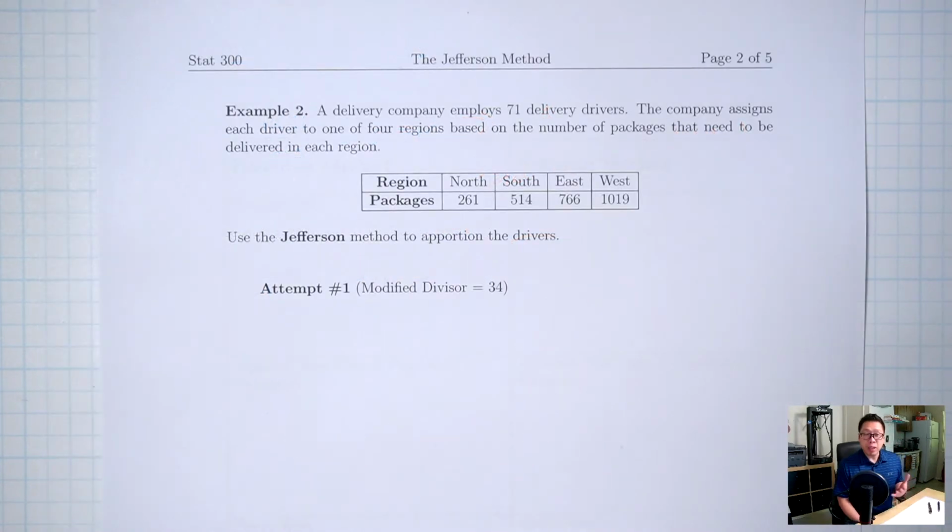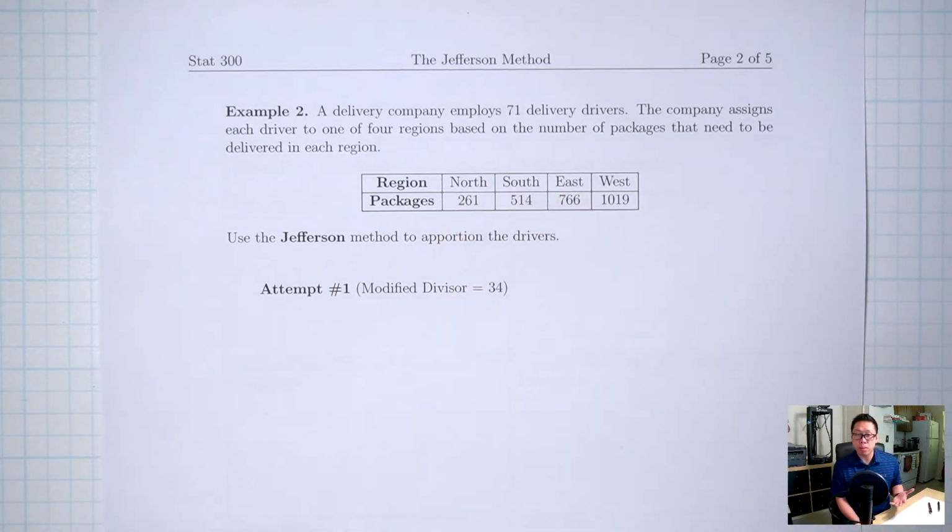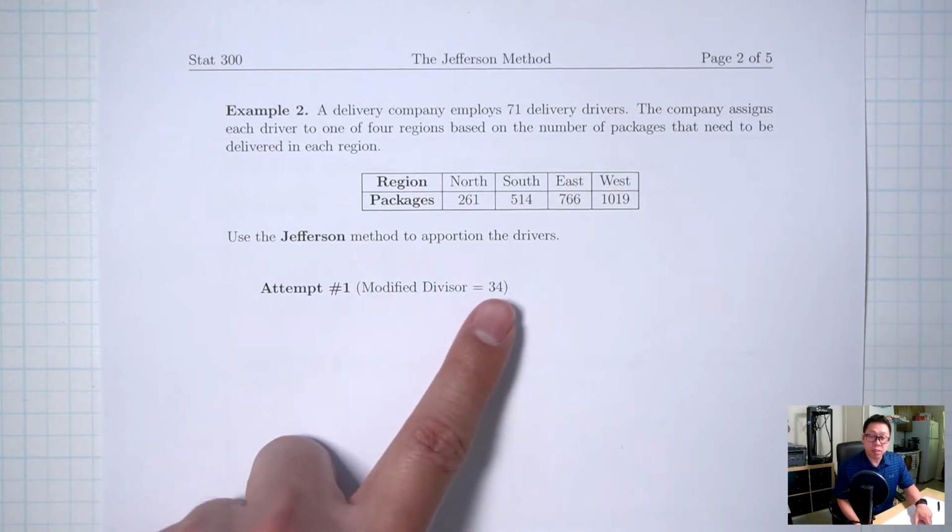All right, let's try the Jefferson method on another example. In this example, we're talking about 71 delivery drivers that we need to share among these regions, north, south, east, west, based on a number of packages that need to be delivered in those regions. So I'm going to start you off with a first guess of 34.